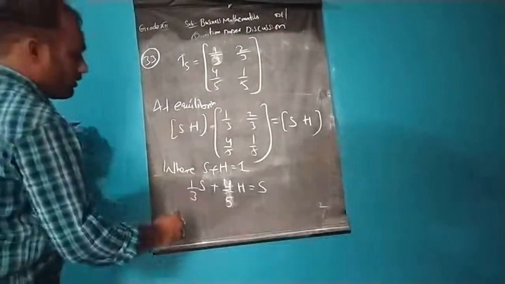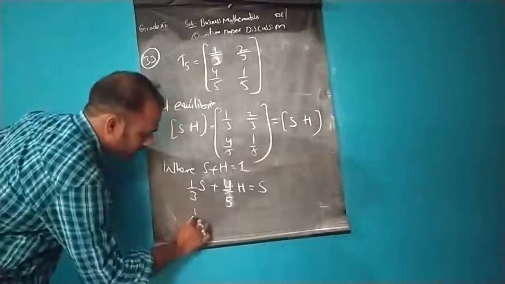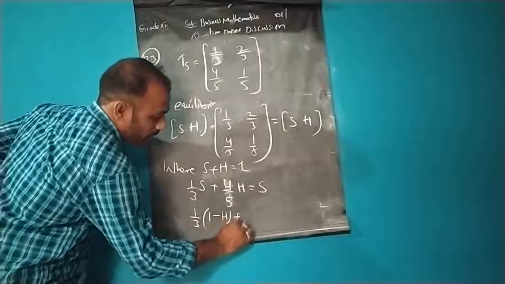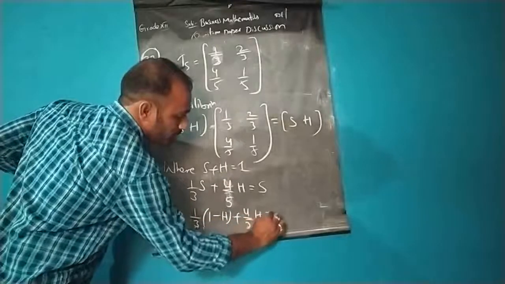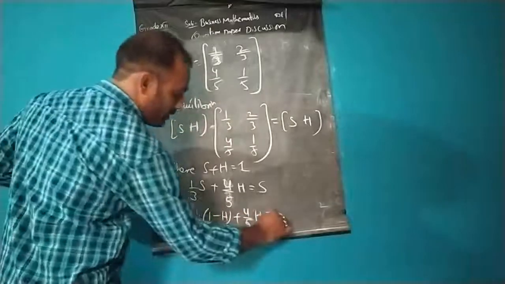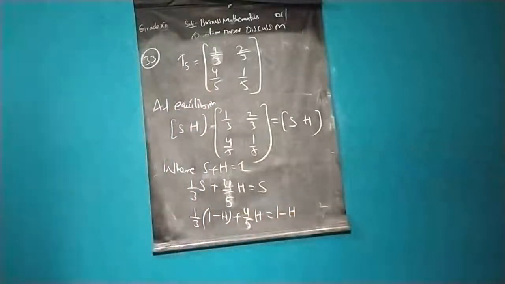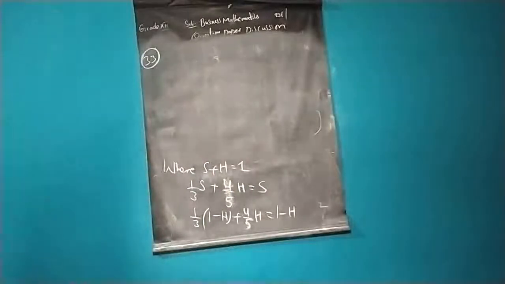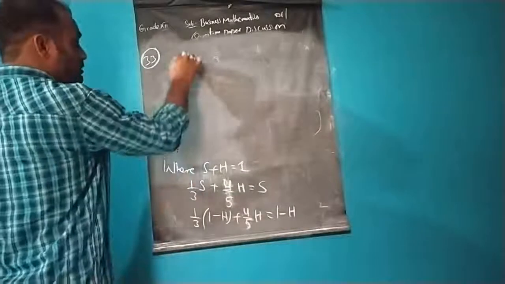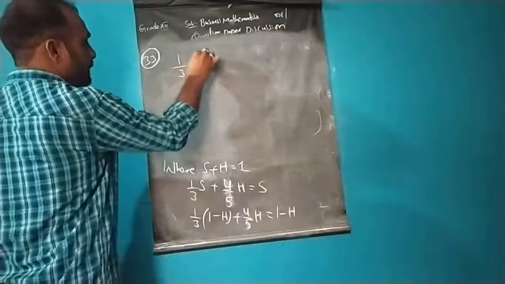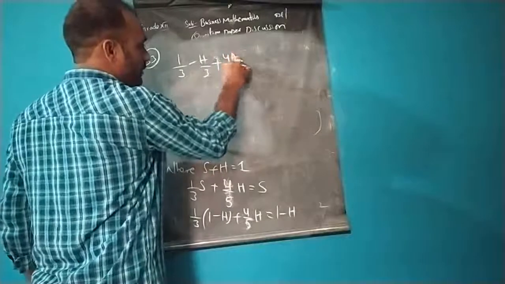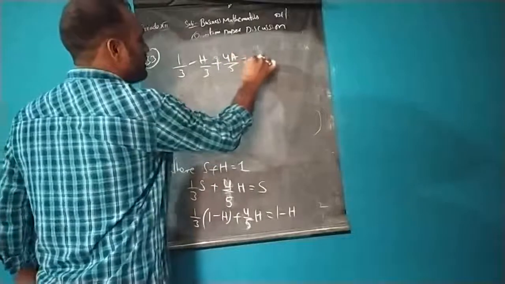Next here 1 by 3 into, in place of f I can write 1 minus h, plus 4 by 5 into h is equal to, in place of f we can write 1 minus h. Let us simplify here. So here it is 1 by 3 minus h by 3 plus 4h by 5 is equal to 1 minus h.